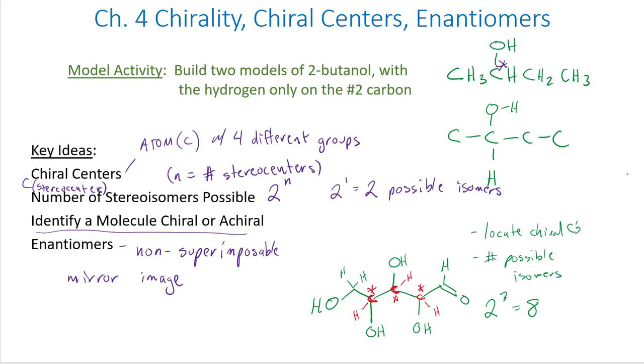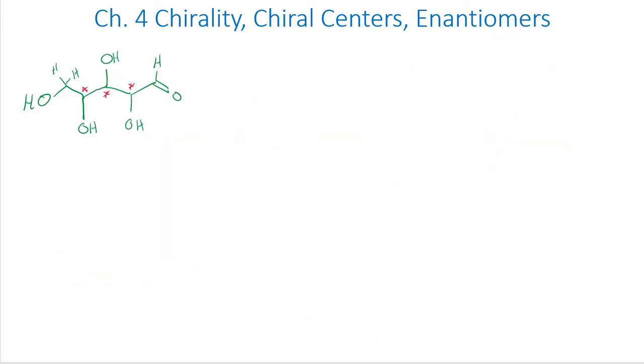And just to help us draw a few, let's come back to this idea of the chiral center having 4 different groups, and let's imagine that for each of those chiral centers we keep the chain, starting with this OH, moving all along the chain to the double bond O, in the plane of the page, and let's just randomly pick a group on each chiral center to be pointed towards us.